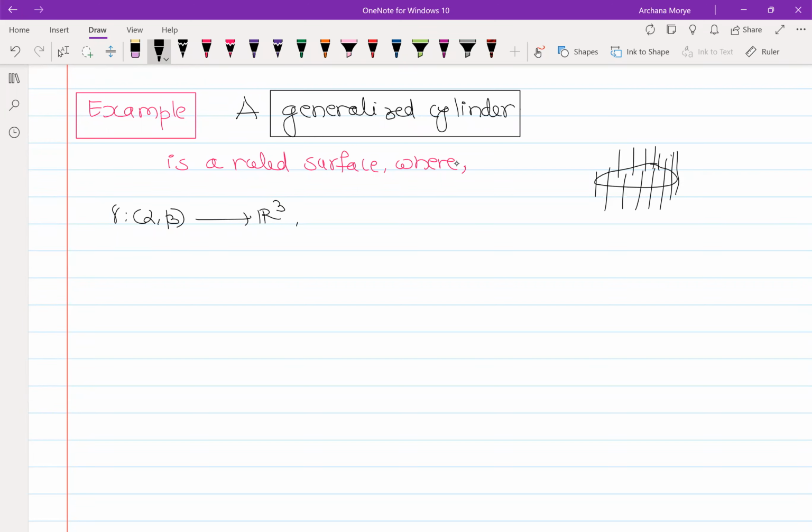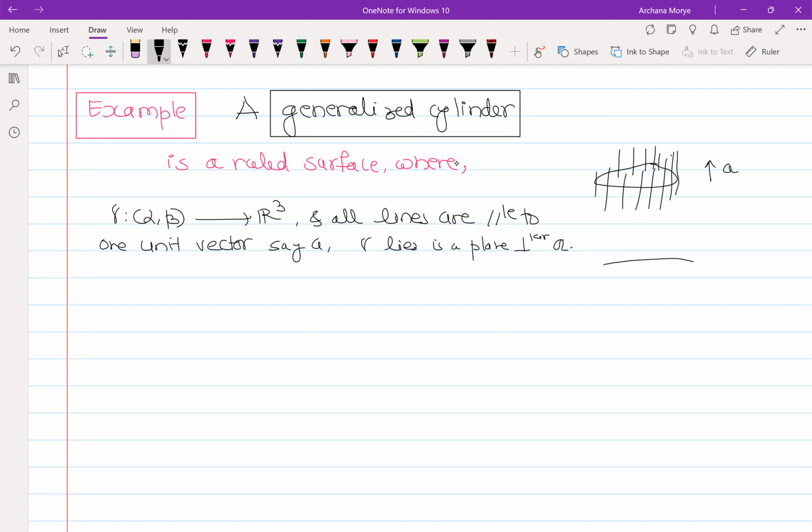And we take all the lines parallel to one particular vector. So you will have one particular unit vector A here, and all lines are parallel to A. We also demand that gamma lies in the plane perpendicular to A. Suppose the curve can be this kind of curve, and your A can be something like this also.